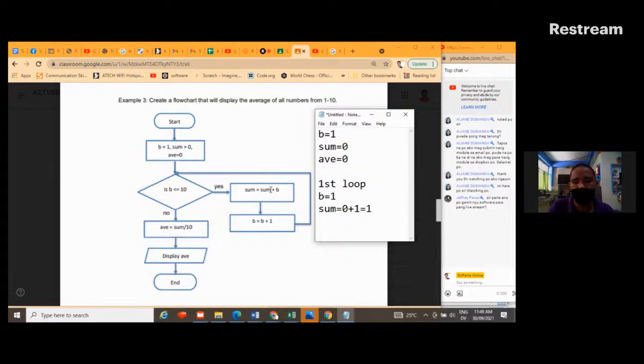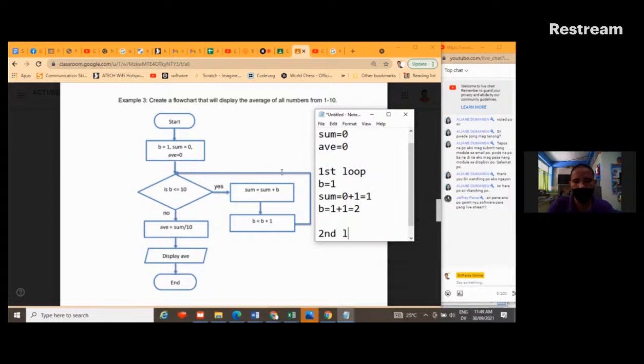Okay? And your B will be 1 plus 1 for this particular part. So B is equivalent to 2. And it will go here and you're going to compare.